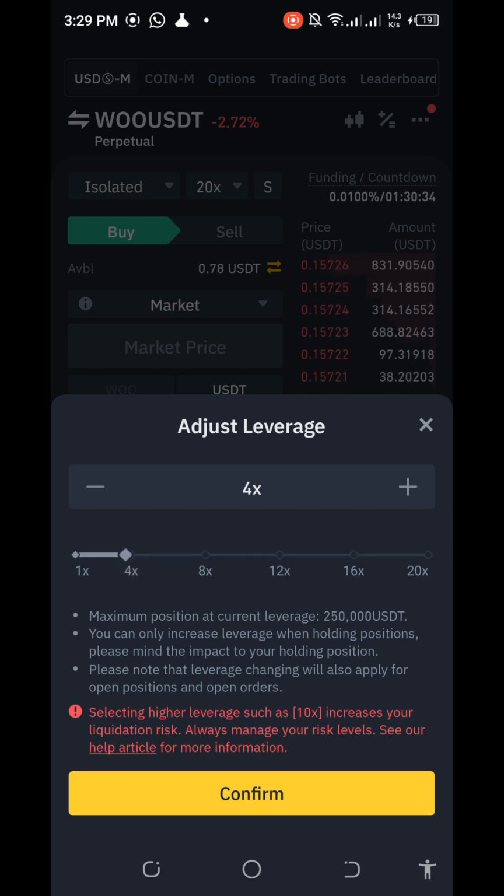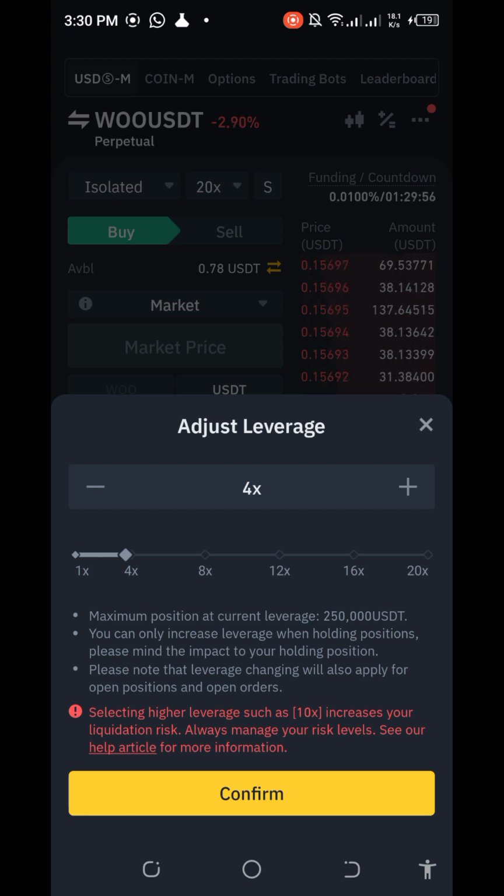If I use 4x, and someone enters the same trade with me using 20x, and the market goes in favor of the two of us, the person is going to earn more than me. The person is going to earn times 4 of whatever profit I'm making in my own trades here.